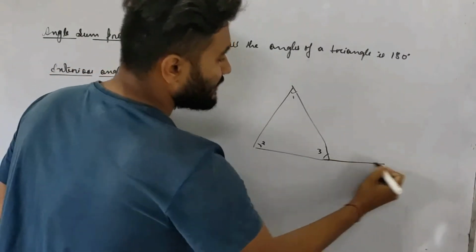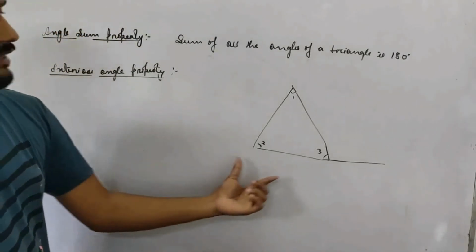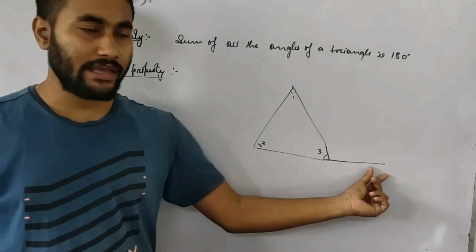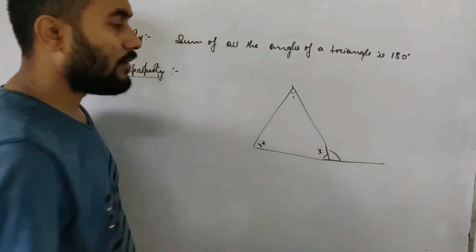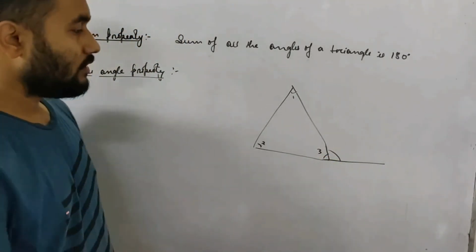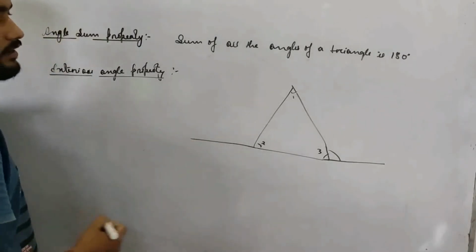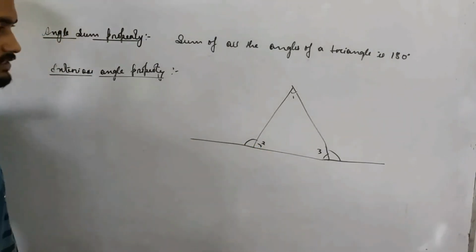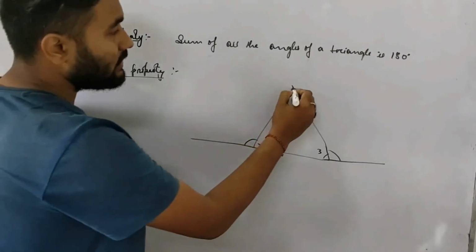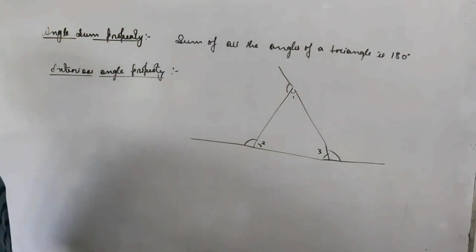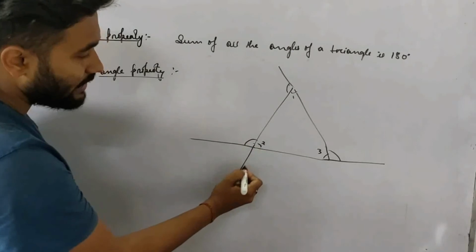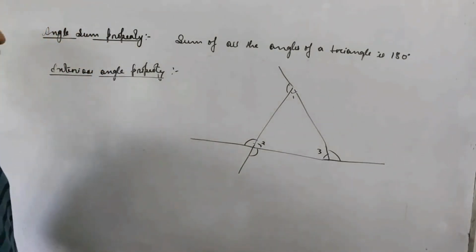If I extend this side of the triangle, then this angle will be your exterior angle. If I extend this side over here, then this angle will be your exterior angle. If I extend this side, then this angle will be your exterior angle.